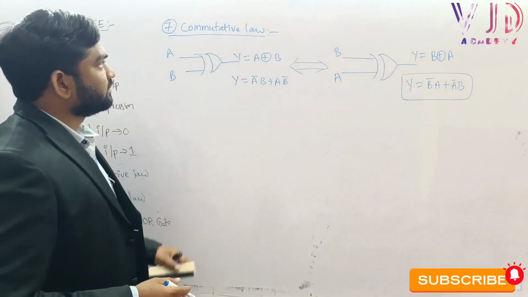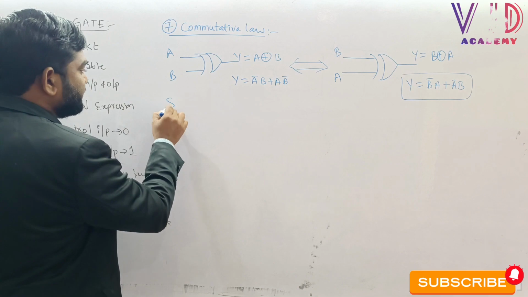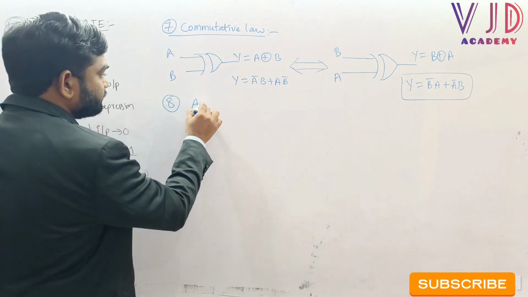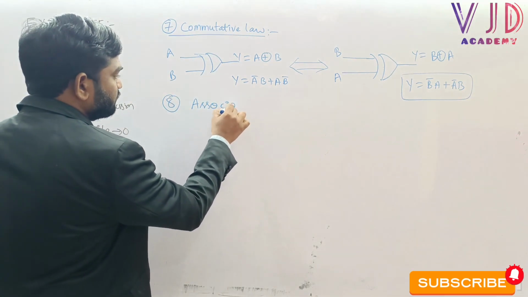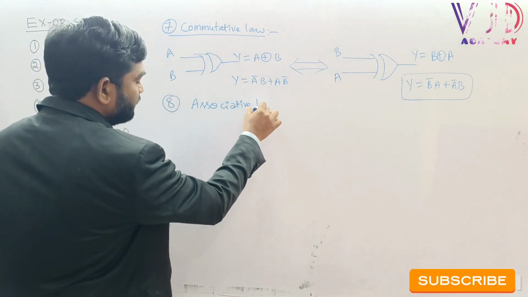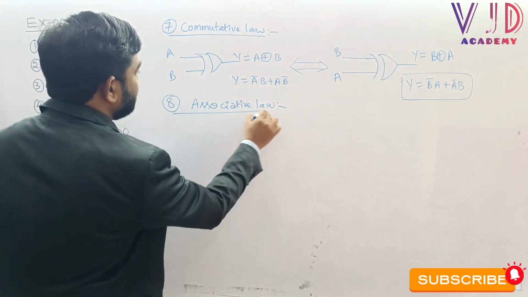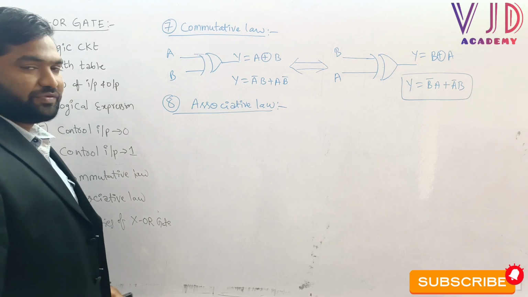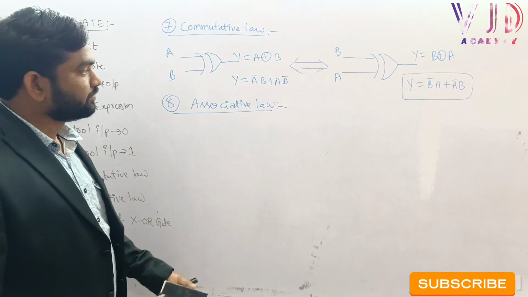After completion of commutative law, let me take the eighth condition called associative law. Here we can say that the XOR gate is not following associative law. Let us try to understand.